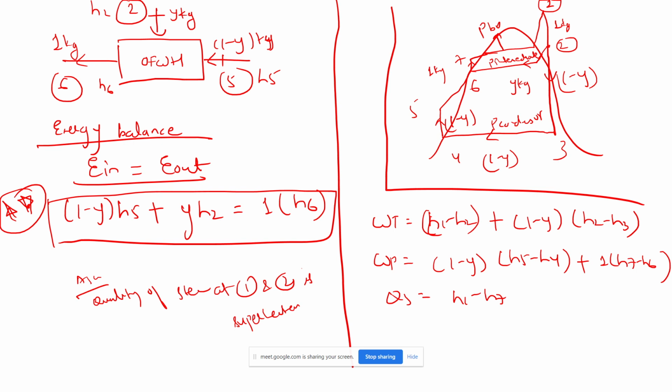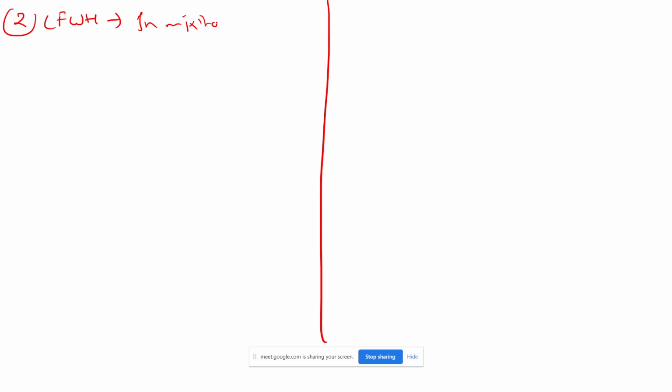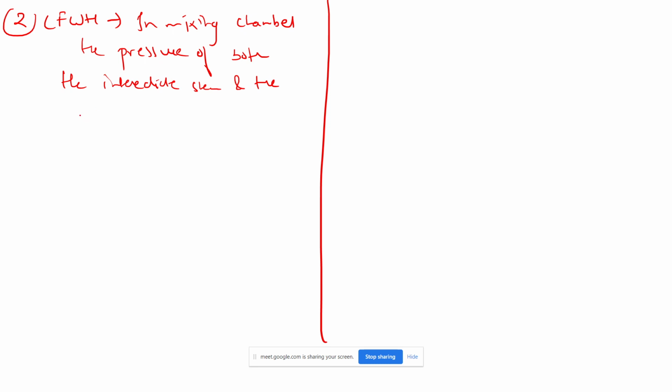The second one is the closed feed water heater. The only difference in open and closed feed water is that in the mixing chamber, the pressure of the intermediate steam and the feed water after the pump, the condition 5 steam, is not the same in this case.